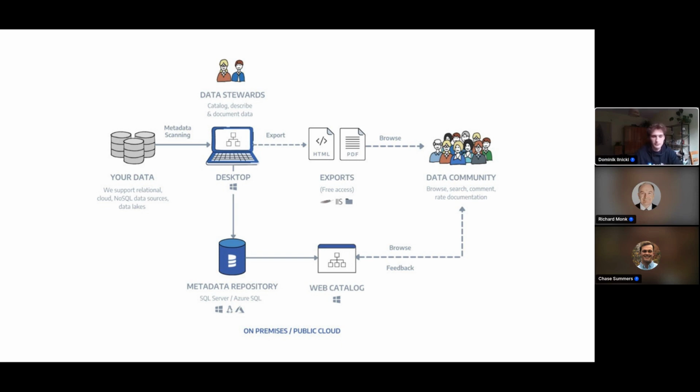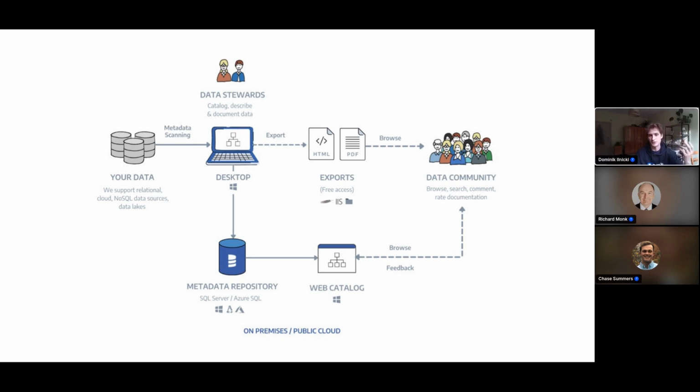So we have basically two applications. One is the desktop app and the other is the web catalog. The desktop app is used to build your documentation from the ground up: connect to your data sources, run profiling, and do some more advanced, configuration-like things. So in the desktop app, you connect to your data source.